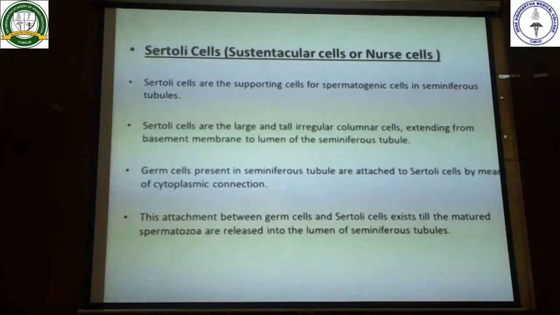Now coming to the Sertoli cells, to confuse you in the exam, they may ask what are sustentacular cells, or what are the nurse cells in the male reproductive system. Your answer is going to be Sertoli cells. They are the supporting cells for the spermatogenic cells in the seminiferous tubules, and they are tall irregular columnar cells extending from the basement membrane to the lumen of the seminiferous tubules.